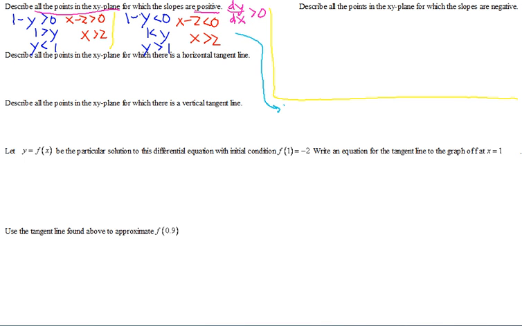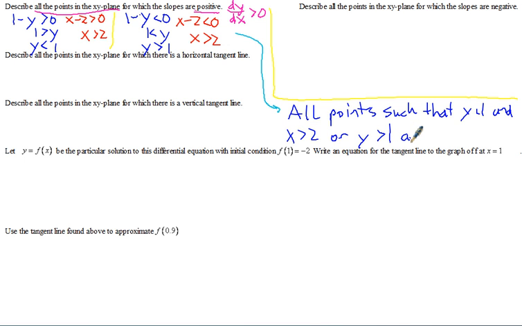So you could say all points such that one possibility is y is less than 1 and x is greater than 2, or the other possibility is y is greater than 1 and x is greater than 2.